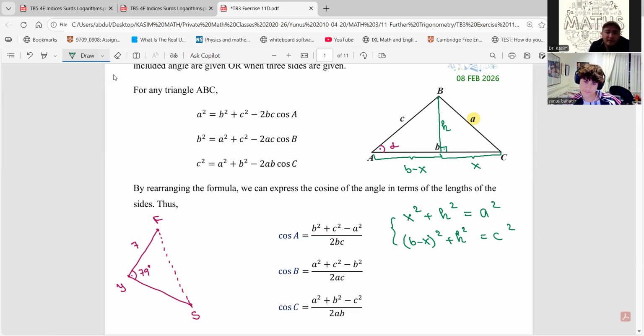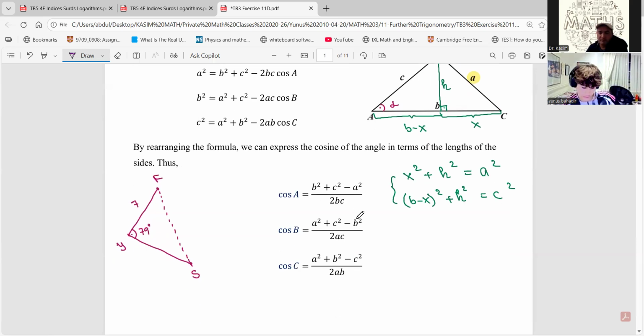Now, Yunus, can you write this equation in your notebook and expand the second one, and tell me what you got? b squared minus 2bx plus x squared.